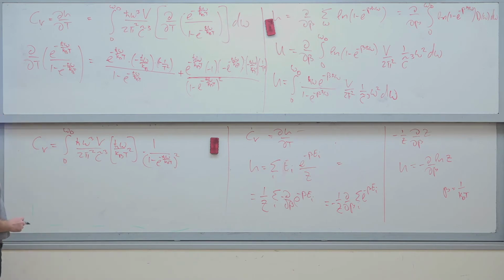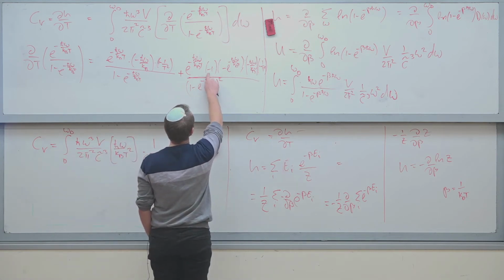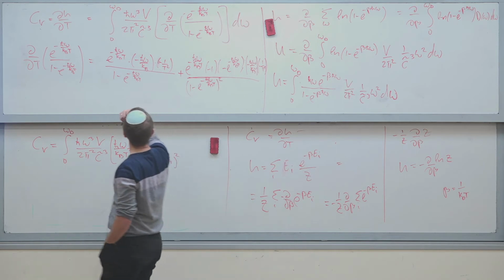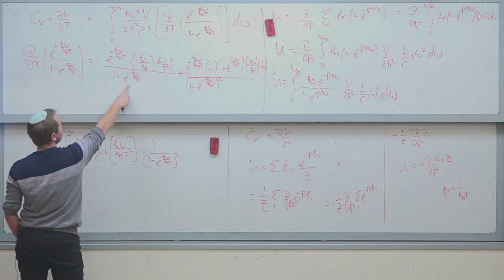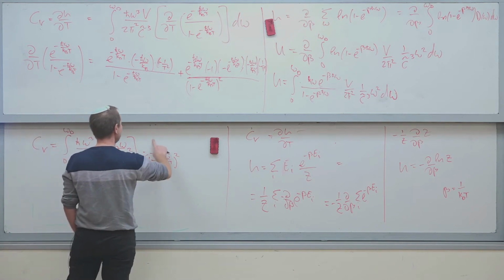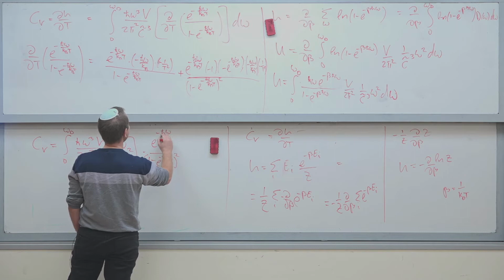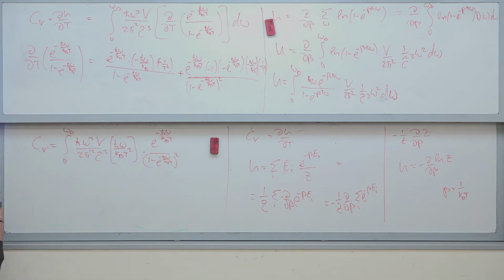And over there we have minus, minus, minus. So here, look, this is 1 minus, 2 minus, 3, 4, so this is plus. And here we have minus 2, this is plus, and multiplied by e to the minus. So here we only have e to the power minus h bar omega over k Boltzmann T. That's it. d omega.